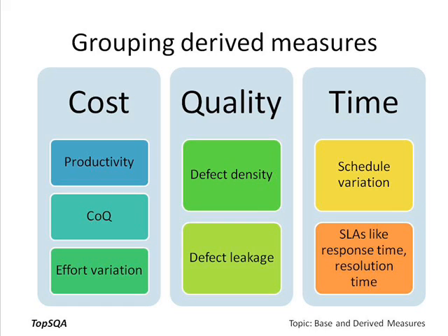Just remember the magic triangle that comes to mind immediately when we think of these 3 categories. So when you have a set of software metrics which you want to measure in a project, try to think about metrics in each of these 3 categories, and if you have 2 or 3 metrics in each of these 3 categories, you can be pretty much sure that you have a good set of metrics that you want to track for a project.